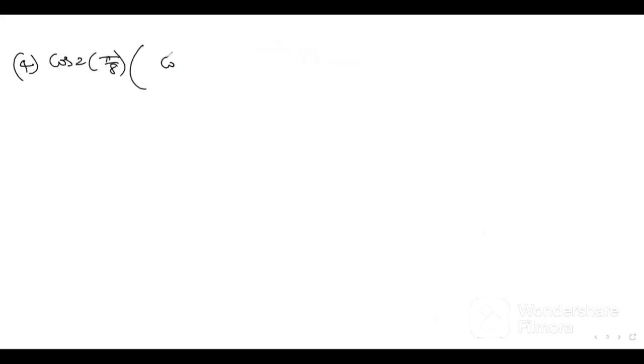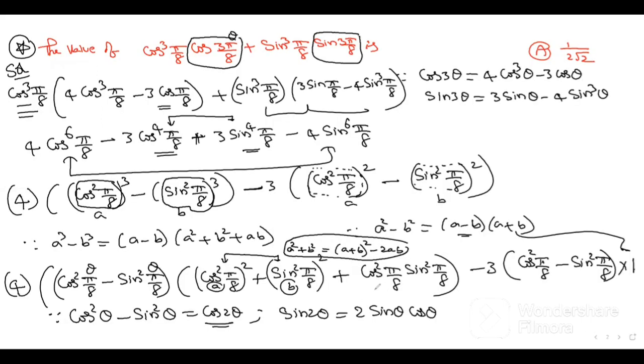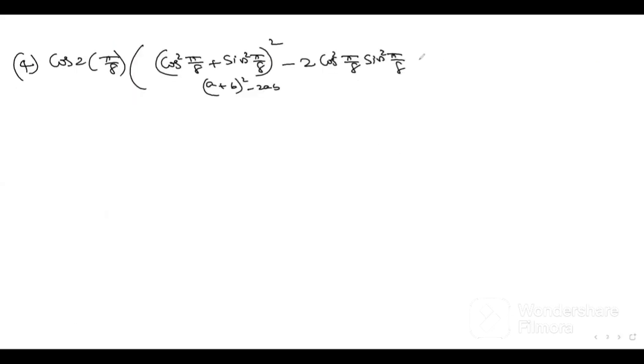A plus b whole square, cos square pi by 8 plus sin square pi by 8 whole square, minus 2ab, minus 2 cos square pi by 8 sin square pi by 8. Here one more cos square pi by 8 sin square pi by 8, plus cos square pi by 8 into sin square pi by 8.